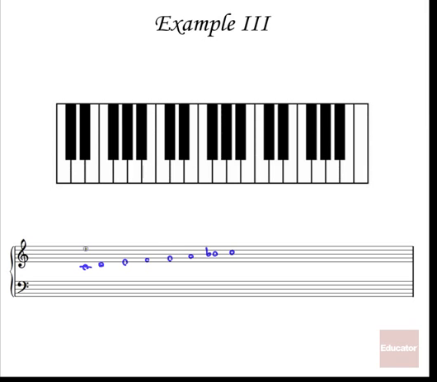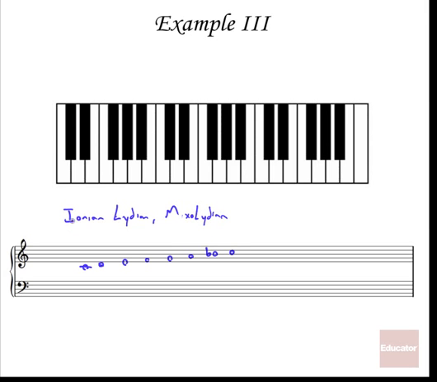The first way would be to see is it a major sort of scale or a minor sort of scale. So this is a major sort of scale, so now we can narrow it down to Ionian, Lydian, and Mixolydian.